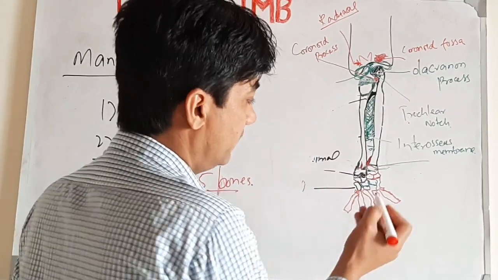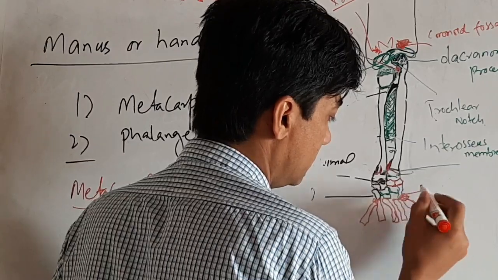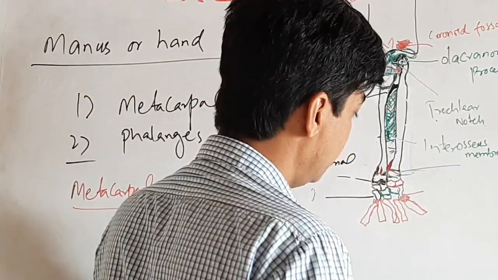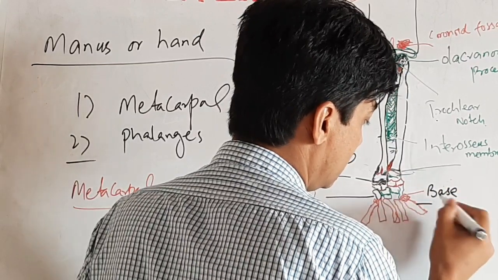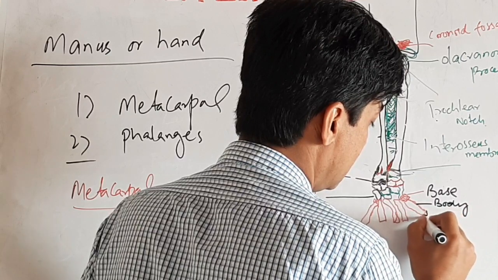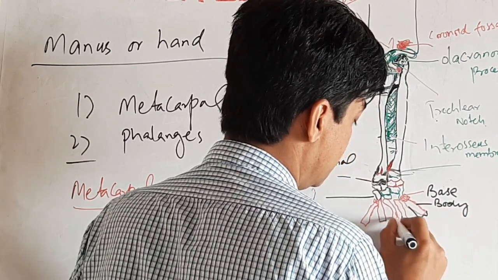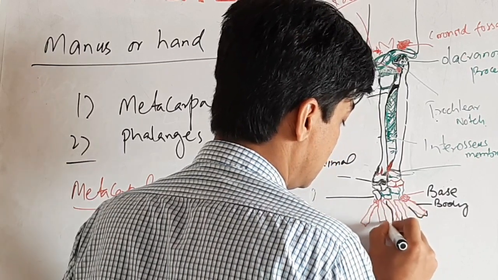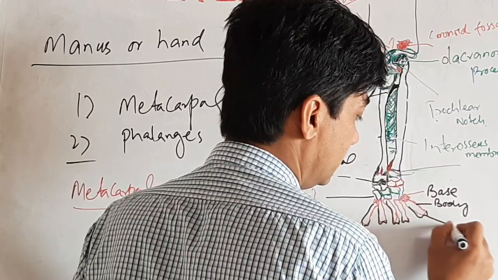Five bones. Here is the base of the metacarpal. Here is the base. Here is the body, and the distal part of this is the head.